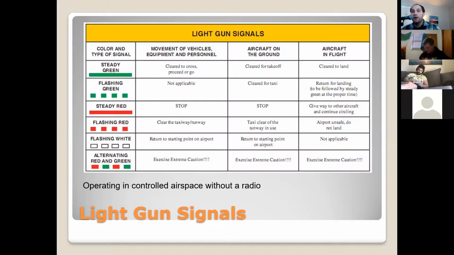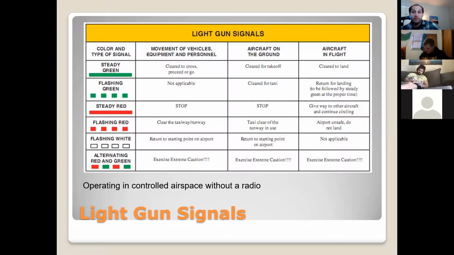Okay. The next possible light gun signal is a flashing green. So it's not steady, it's a flashing green. Flashing green on the ground, you are cleared for taxi.